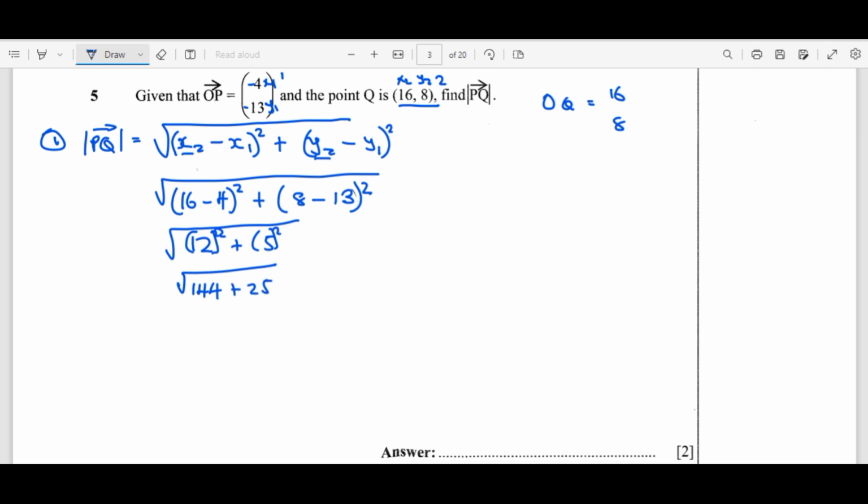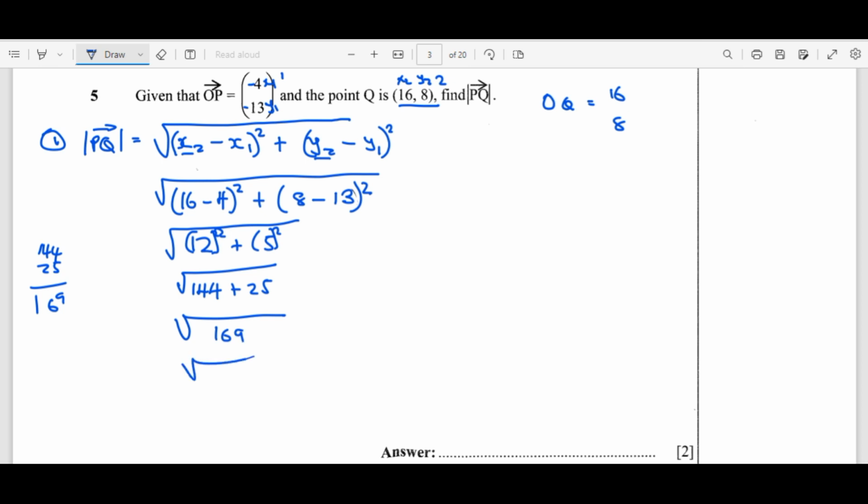When you reach here, you're going to add: 144 plus 25 gives us 169.